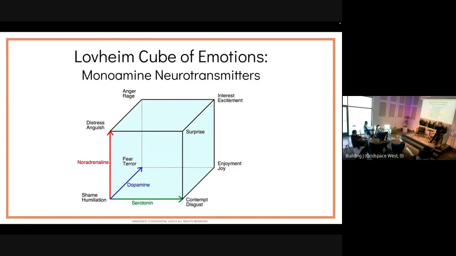An interesting new one, I think from 2012, is having the neuromodulators be the dimensions. The amount of those 3 main neuromodulators present in your brain when you're experiencing that emotion gives you the vector of where you are.